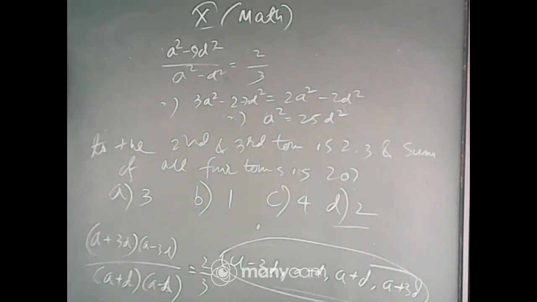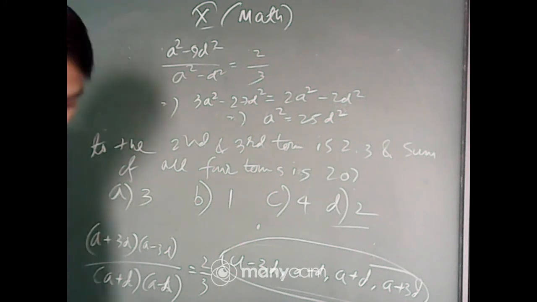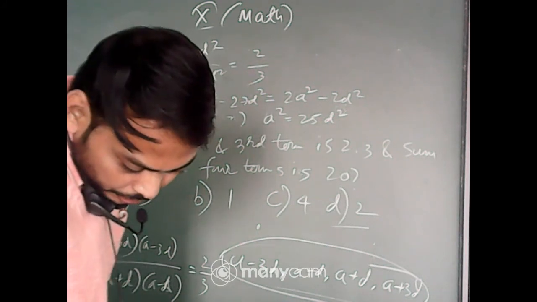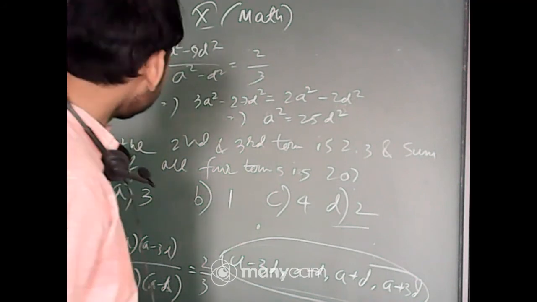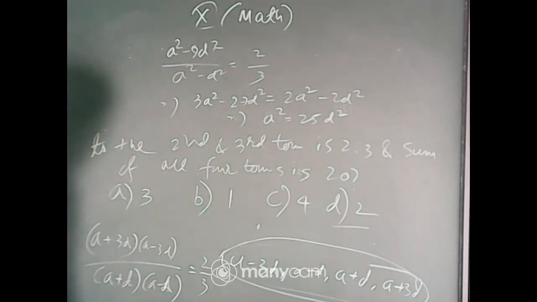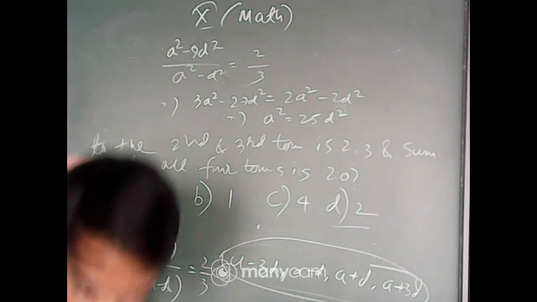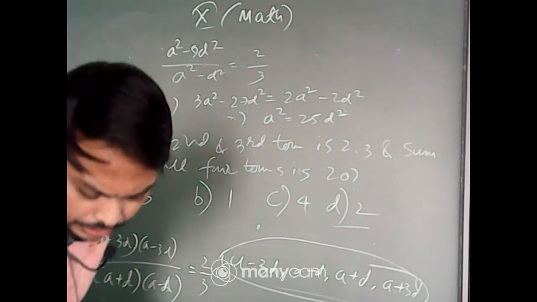Is the calculation correct? Ratio of the product of the first and fourth term to the second and third is 2:3. Yes, Shubhajyoti, 25D square.